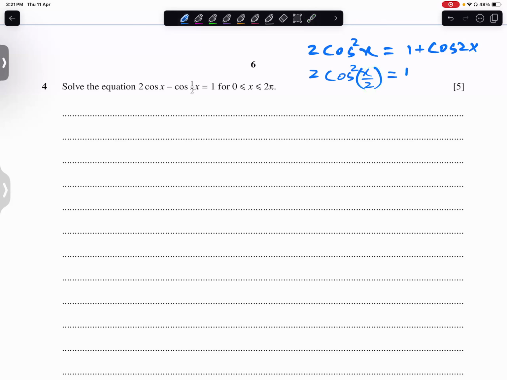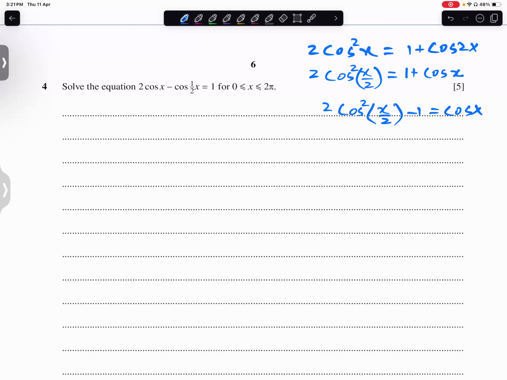Definitely you will say, sir, 1 plus cos twice of x by 2. So twice of x by 2 is just x. So if you make cos x the subject, you will write 2 cos square x by 2 minus 1 is equal to cos x. So this is my value of cos x.